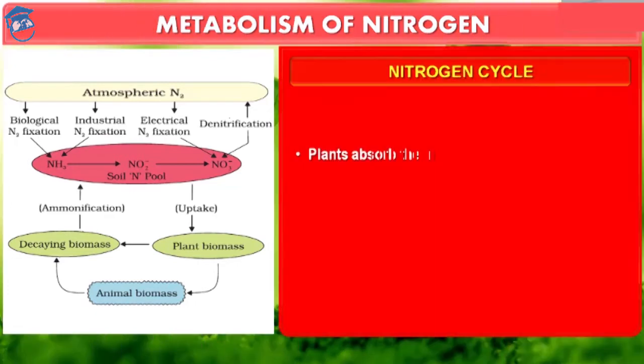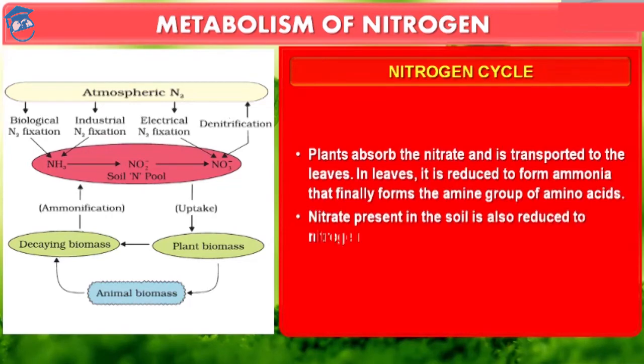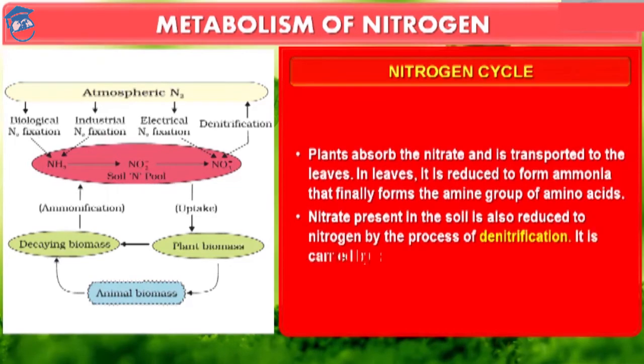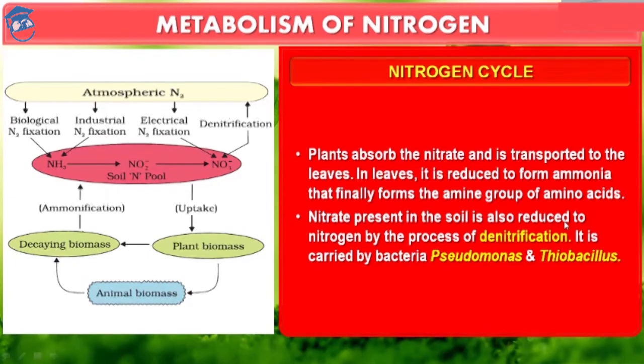Plants absorb nitrate and it is transported to the leaf. In leaves it is reduced to form ammonia that finally forms the amine group of amino acids, because nitrogen is an important constituent of amino acids and proteins. Nitrate present in the soil is also reduced to nitrogen by the process of denitrification.